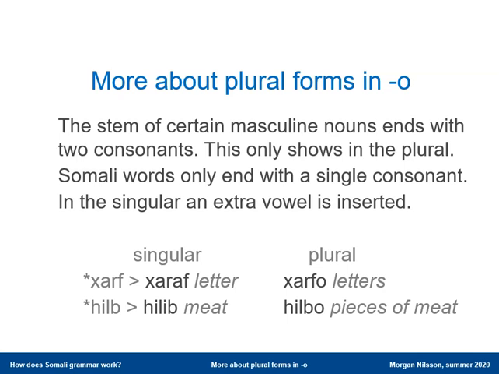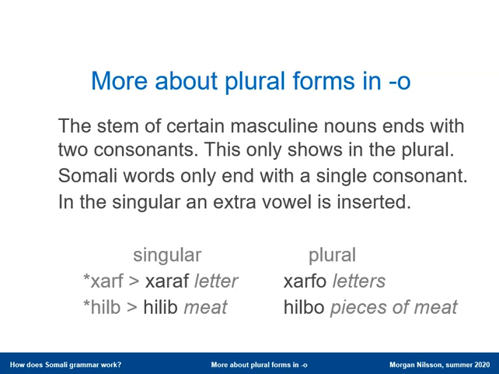And we have harf, letter of the alphabet in the singular, and harfo, letters in the plural. Hilip, meat in the singular, and hilbo, pieces of meat in the plural.